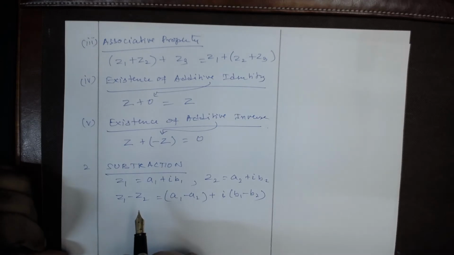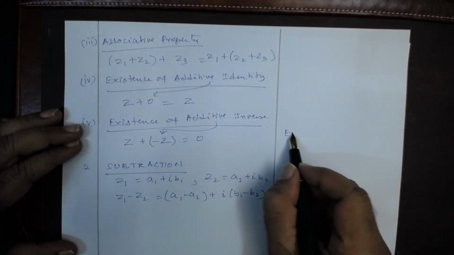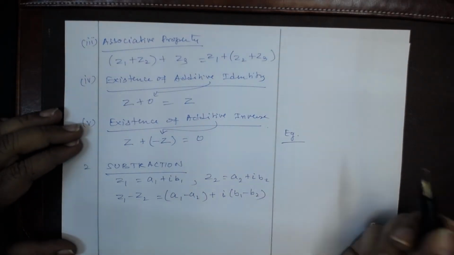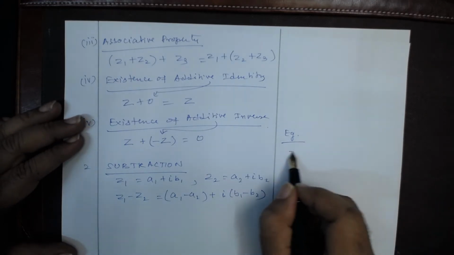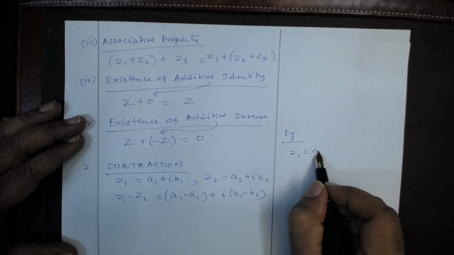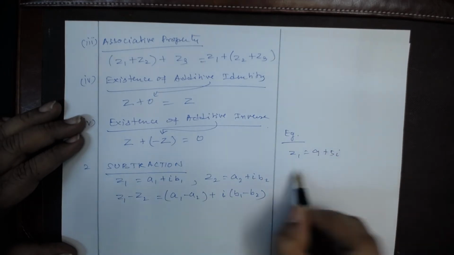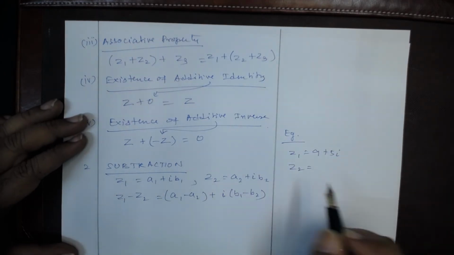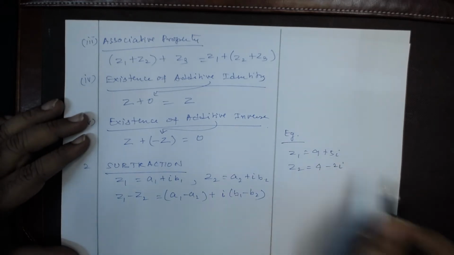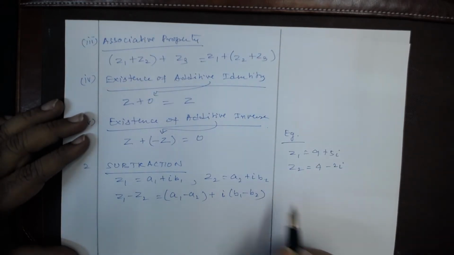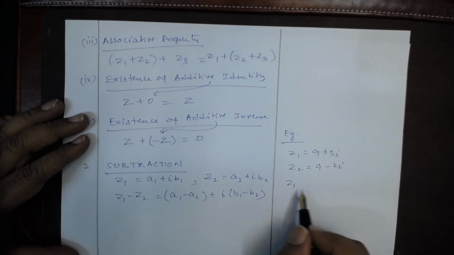Example, Z1 is equal to 9 plus 5i, Z2 is equal to 4 minus 2i. Now what is Z1 minus Z2?